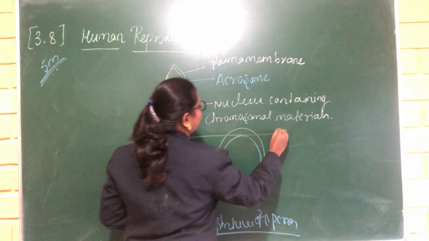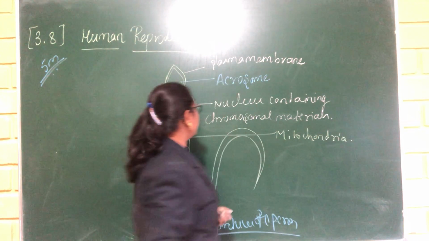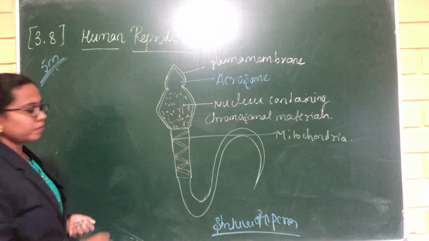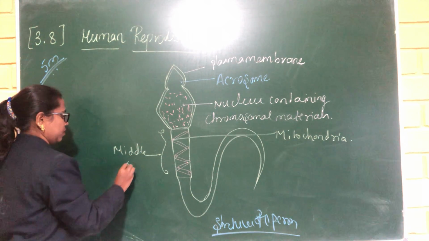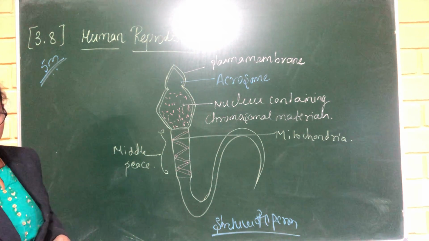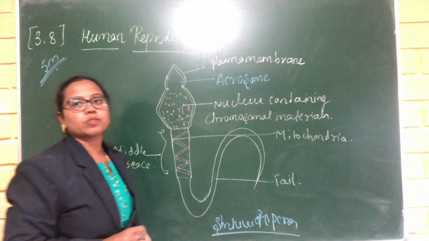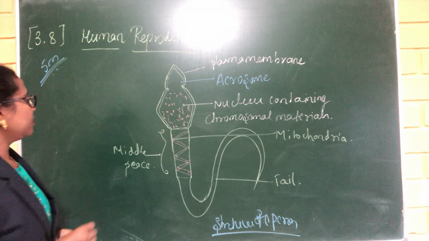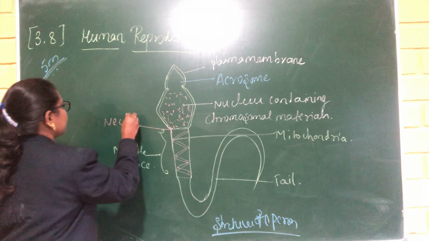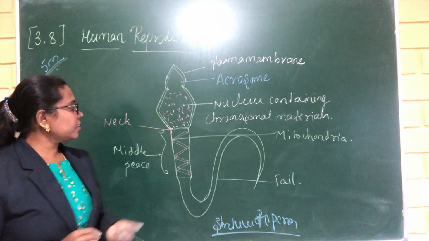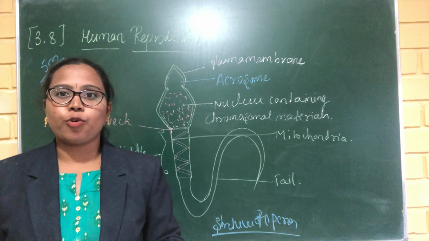This one is the mitochondria. And this is called the middle piece. And this is the tail region. And this constriction is called the neck. This is the diagram of sperm, and let us discuss the structure of sperm.